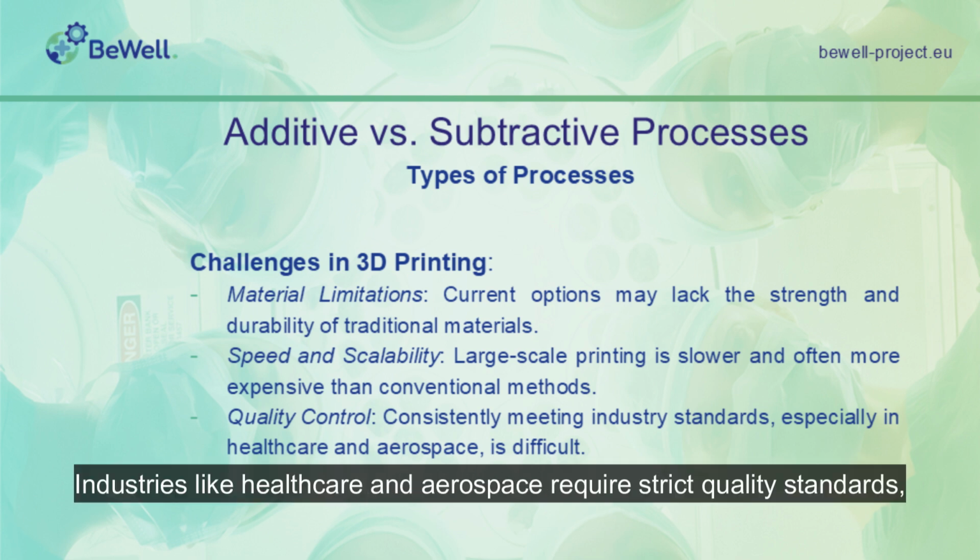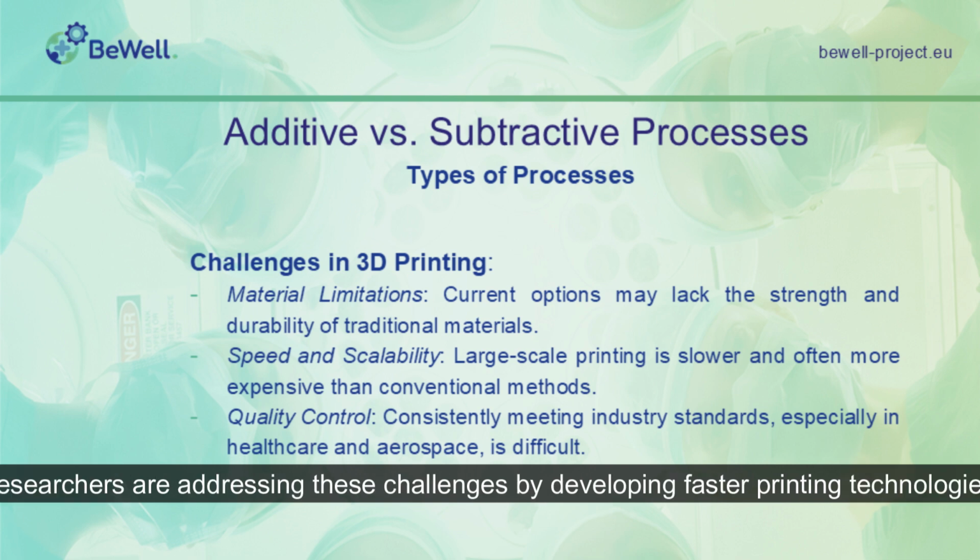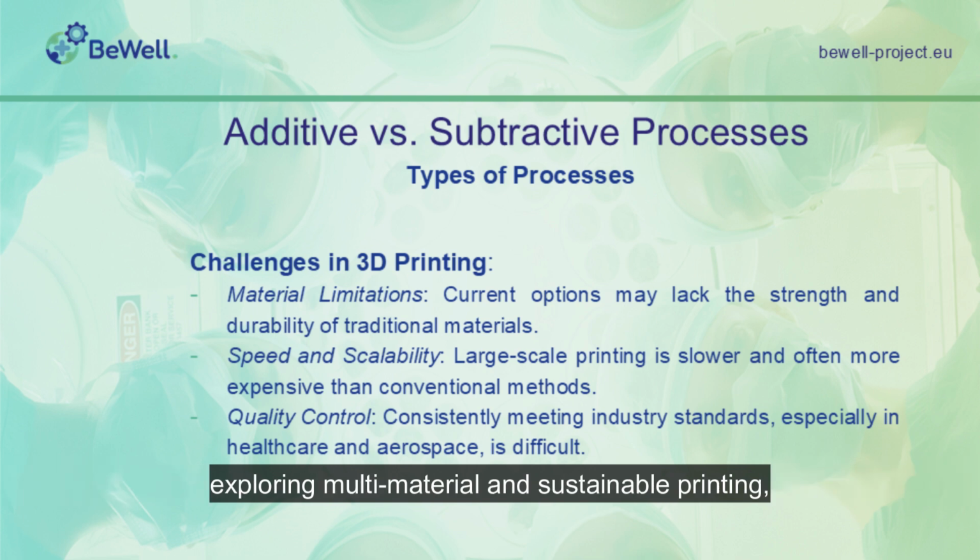Quality control: industries like healthcare and aerospace require strict quality standards, which can be difficult to achieve consistently with 3D printing. Researchers are addressing these challenges by developing faster printing technologies, exploring multi-material and sustainable printing, and improving quality assurance methods.